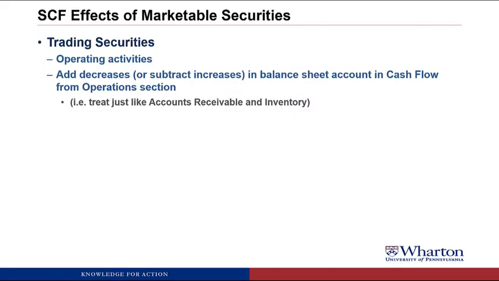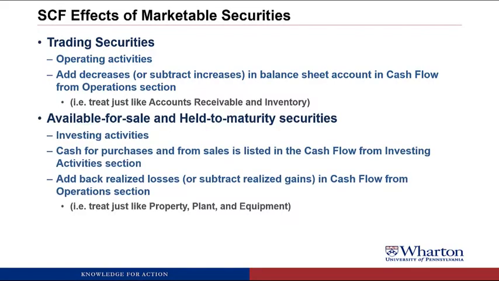cash flow statement. If we choose available for sale or held to maturity, those are going to be investing activities. So cash from purchases, cash from sales are going to be in the cash flow from investing activity section. So it's going to not be part of the core business and operations, but be considered part of investing activities.